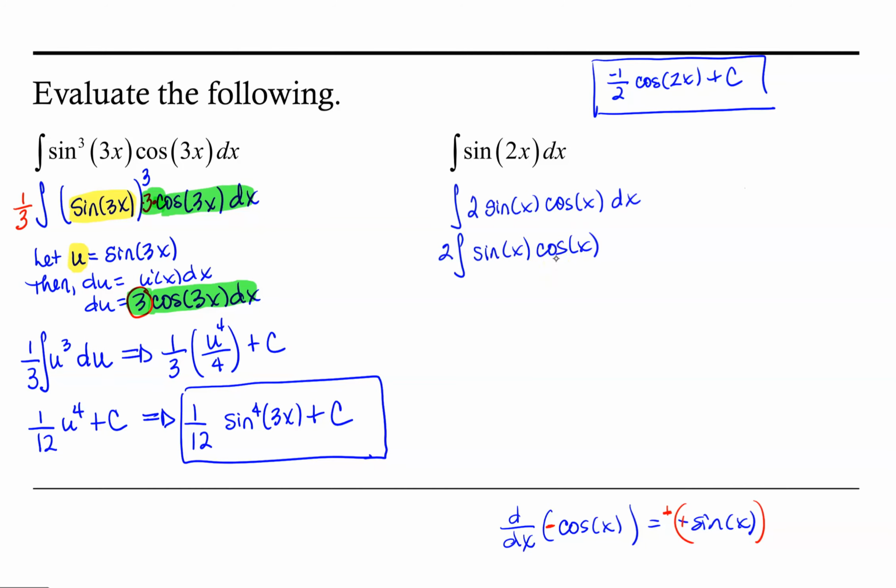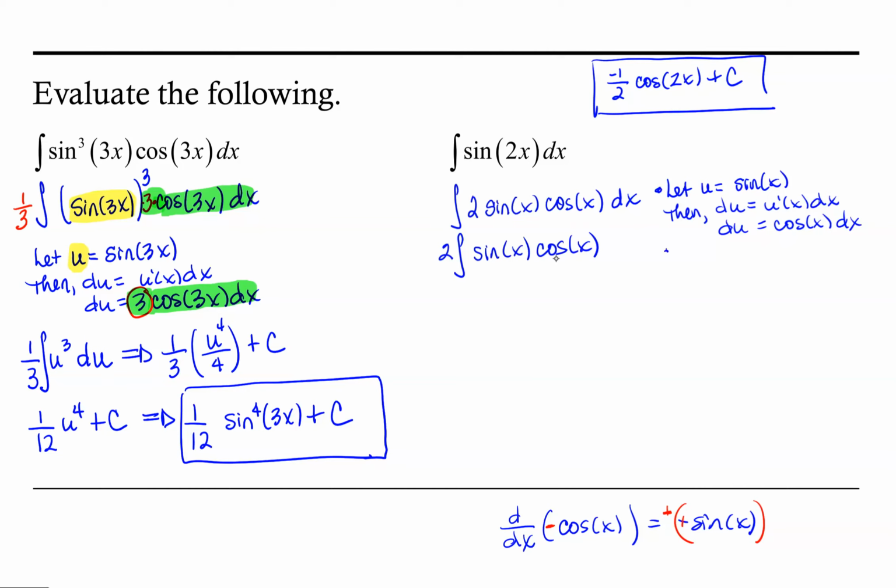Now, what are our possibilities? We could say let u equal sine of x, and therefore our du, which is u prime of x dx, would be equal to cosine of x dx.